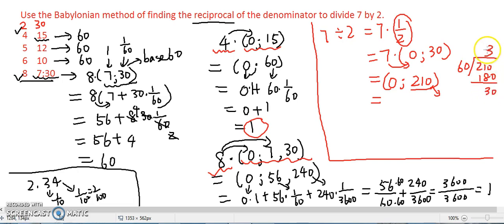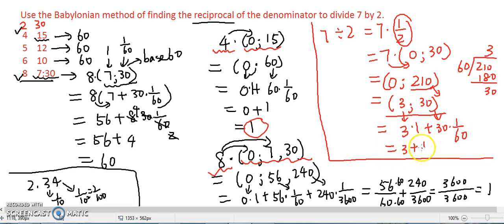So in that case, you will have 3 here, a semicolon, and 30 left. If you convert this Babylonian number to a modern number, that would be exactly 3 times 1 plus 30 times the place value 1 over 60, which is 3 plus 1/2.